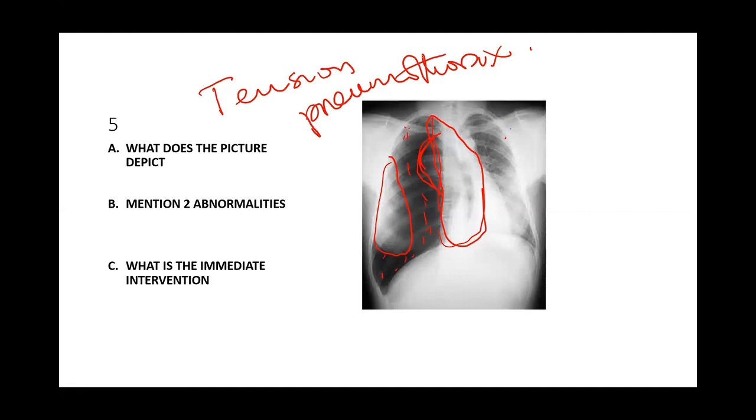After passing that, you hear a hissing sound, a gush of air that immediately leaves that pleural space. Then afterwards, you now pass a chest tube. There will be a chest tube thoracostomy passed.